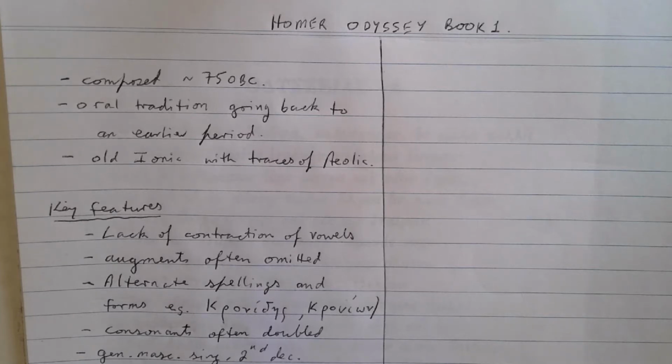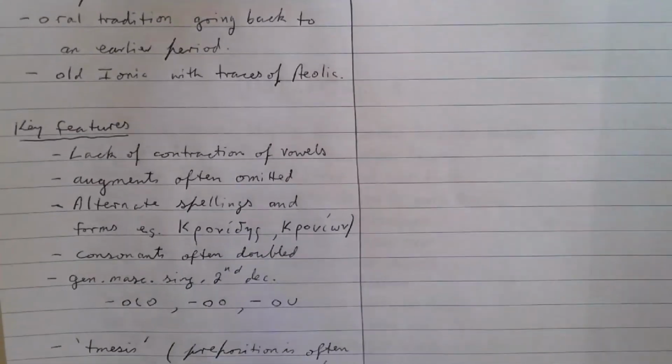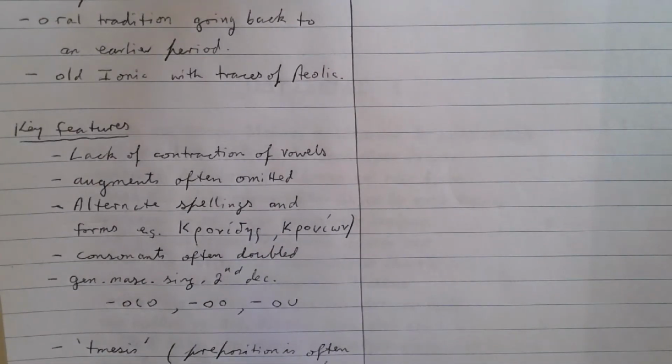And therefore, even after you've spent a year or so studying classical Greek, it can be a little bit daunting to suddenly start into Homer. A couple of key features I mention very briefly. We'll see examples as we go. There's a lack of contraction of vowels, both in verbs and nouns.